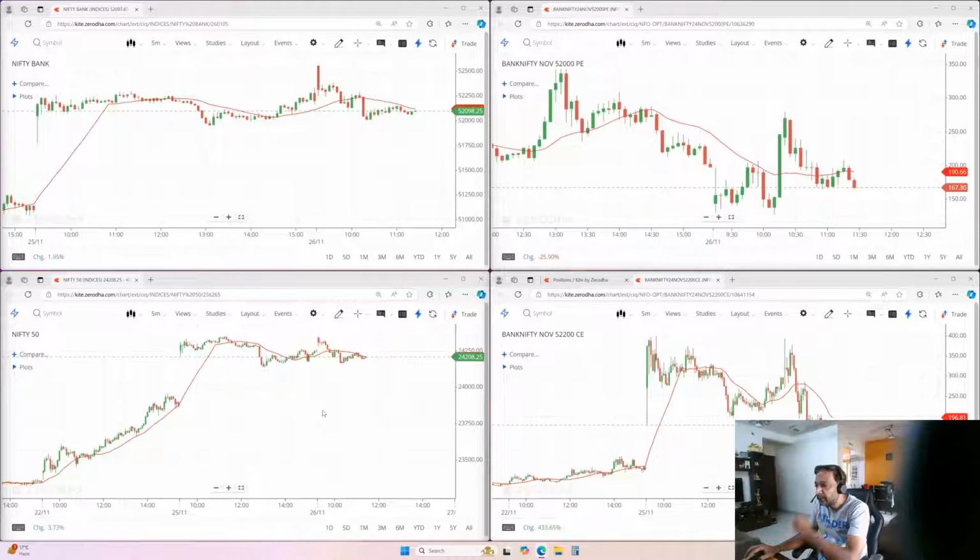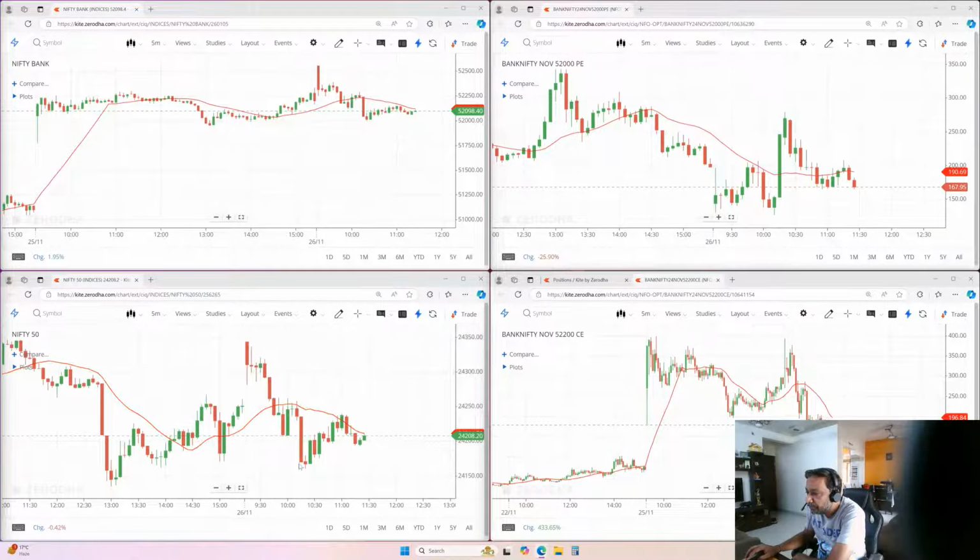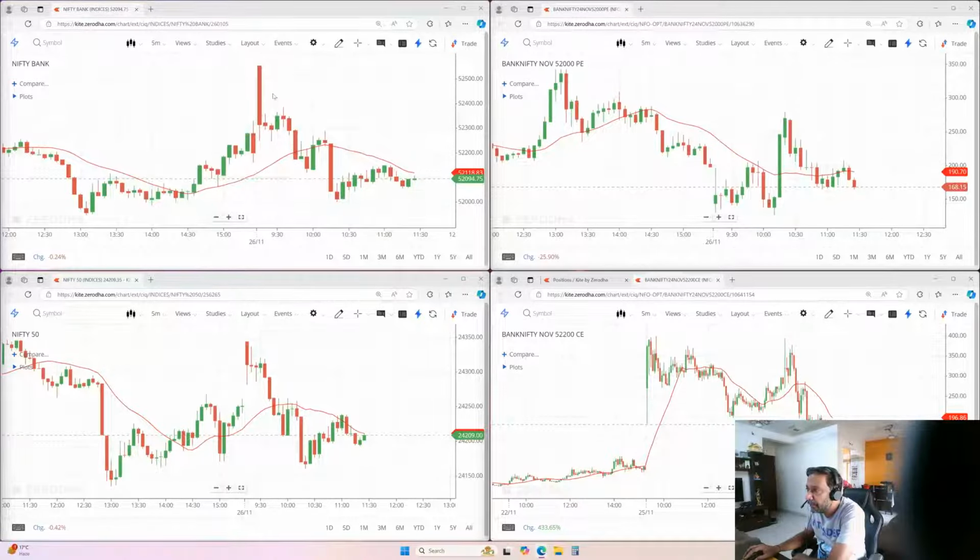Okay, now let's check what Nifty is doing. If we can see, Nifty and Bank Nifty both opened gap up, took rejection and are trading around the day's low. Nifty is trading around 24,200 and Bank Nifty is trading around 52,000, or 52,000 level.